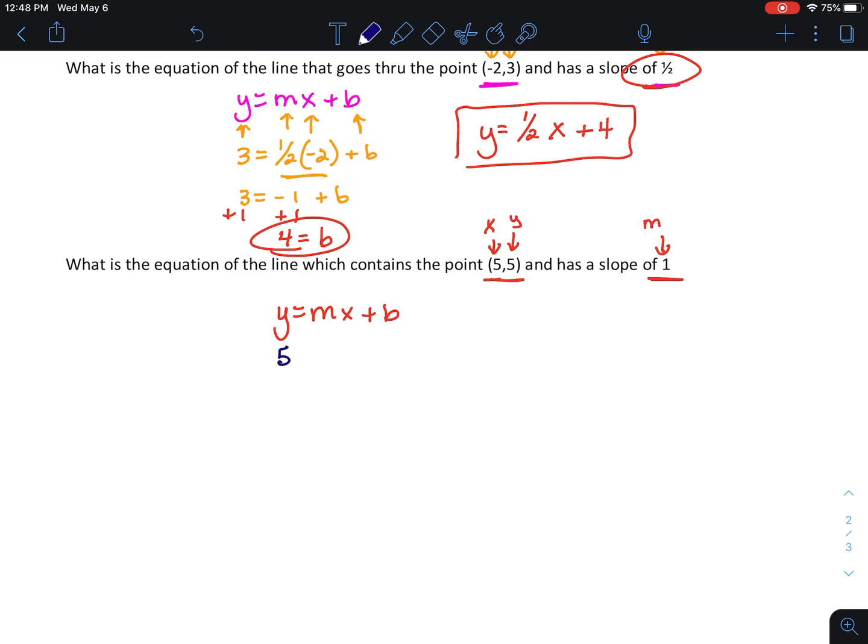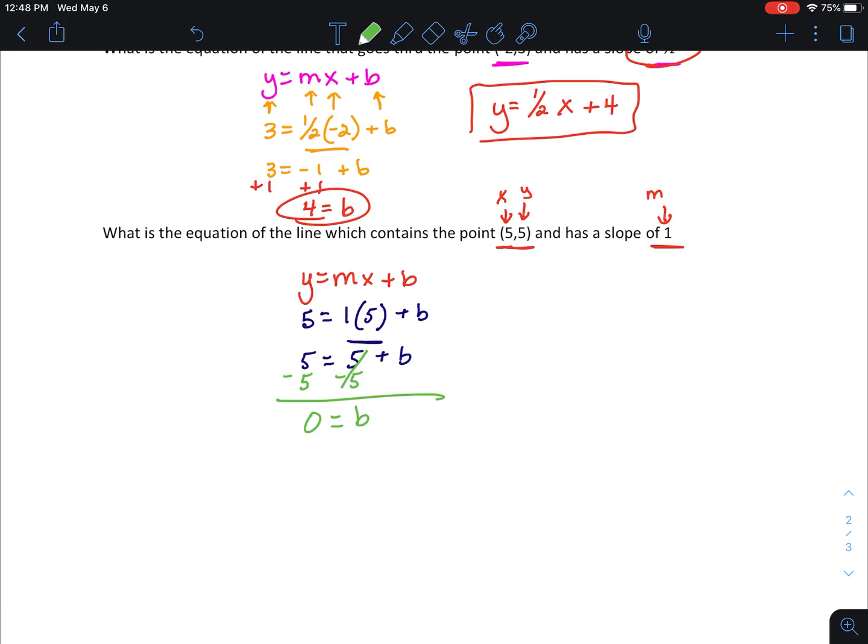What is y? 5 is equal to m, which is 1, times x, which is 5, plus the b. We're going to multiply m and x together. We get 5 is equal to 5 plus b. And then we're going to subtract. So we need to isolate that b, remember. So we're going to subtract 5, and we get 5 minus 5 is 0 equals b.